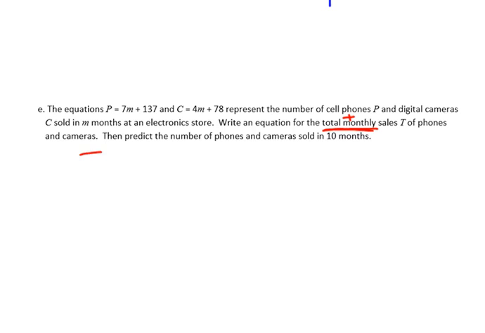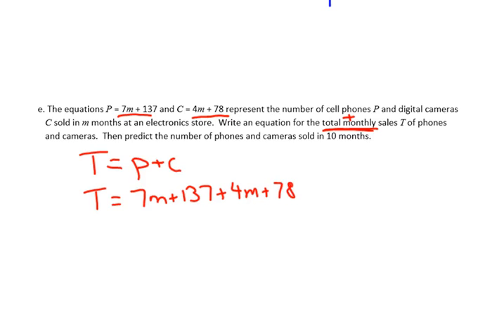All right, so T, total number of sales, is phones plus cameras. Well, I know the phones and the cameras are like this. So phones was 7m plus 137, cameras 4m plus 78.